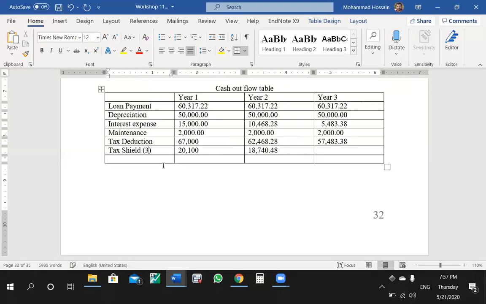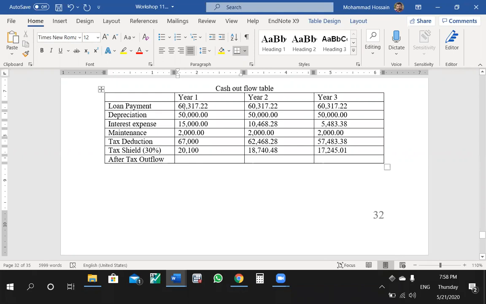So about 30% of this figure. How much will be your after tax outflow? What is the formula to calculate after tax outflow?